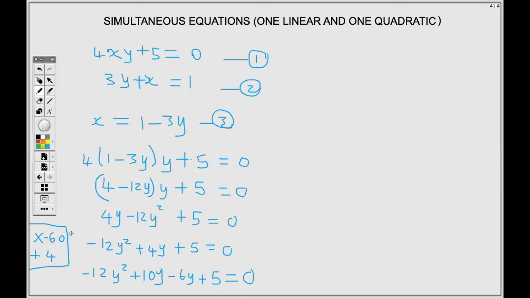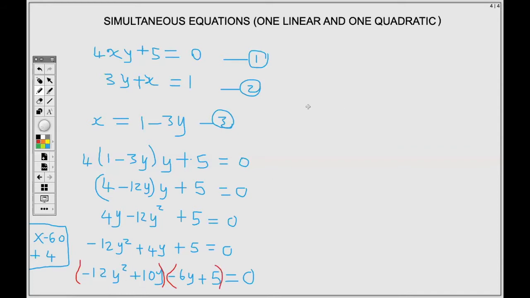Now after replacing the center with the two factors, we're going to group. So we are going to have the first two terms, minus 12y squared and plus 10y, in a bracket, and then the second set, minus 6y and 5, in another bracket.